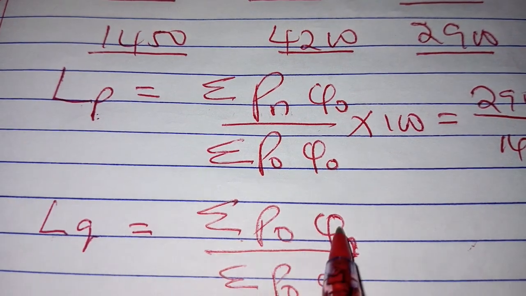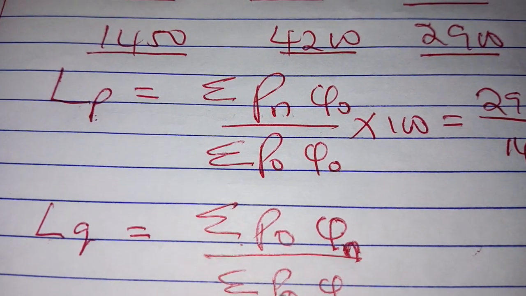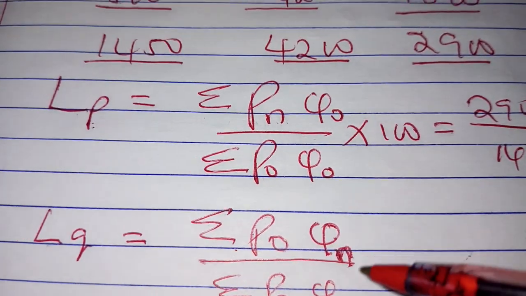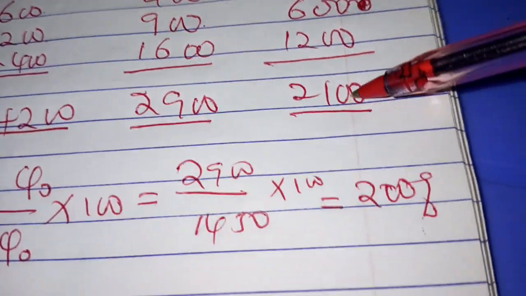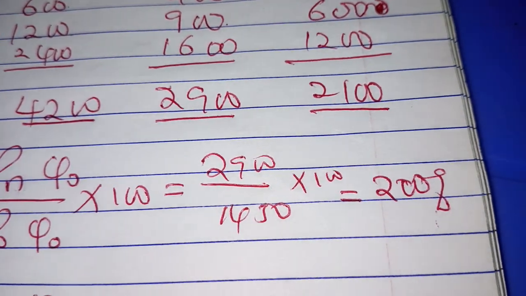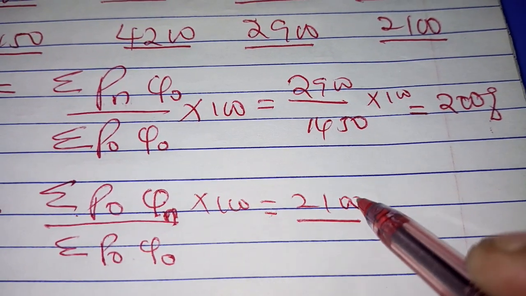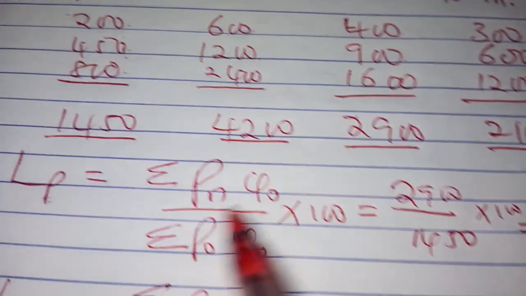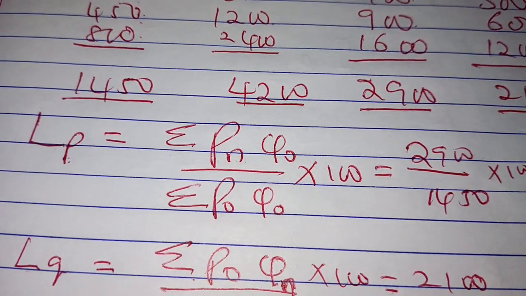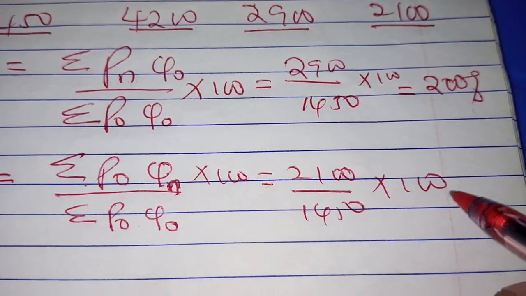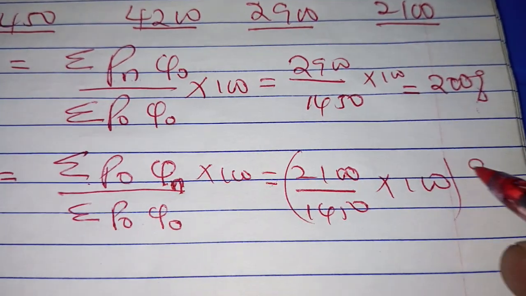We also have the summation of POQO. POQN total is 2100. Then we divide by POQO, which is 1450, and multiply by 100.